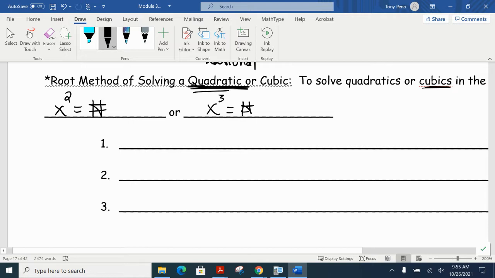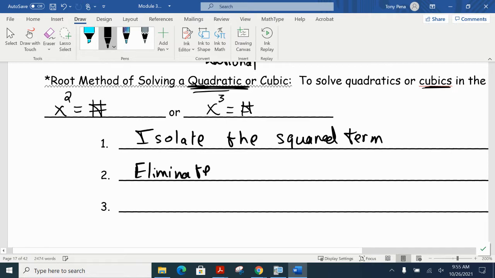When we do these, the first step is to always isolate the square term. I'm going to put square just because there's a lot of different versions of this. All right, we'll show what that means here on the next page. You got a whole bunch of these coming up here. But we want to get that square term by itself. The reason we want to have it by itself is we want to eliminate the squared power.